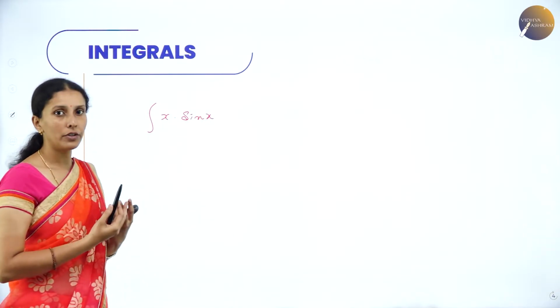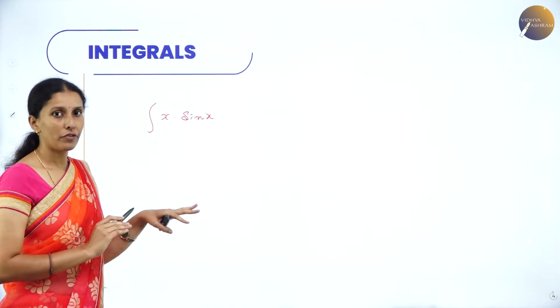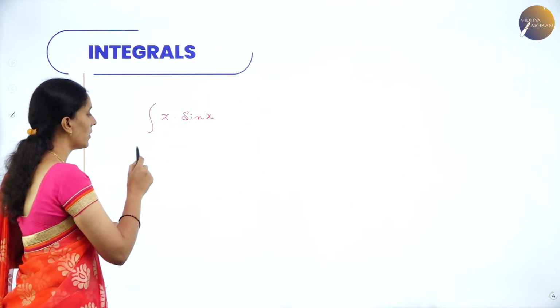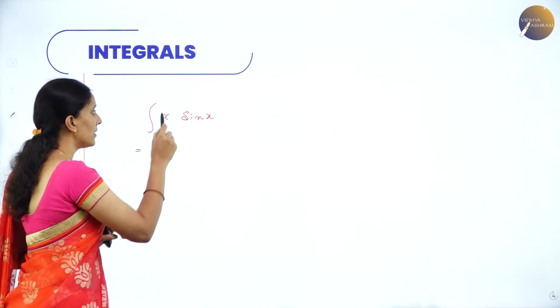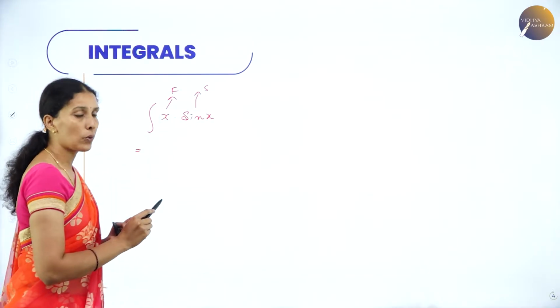However we are going to integrate, we can choose any one of the functions as f of x, and any one of them as the second function. So what happens if you integrate it? Apply the rule. If this is your first function and this is your second function, what does the rule say?